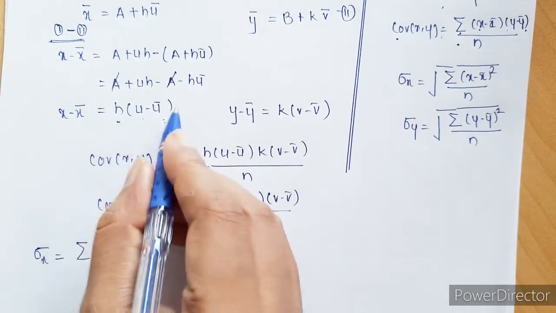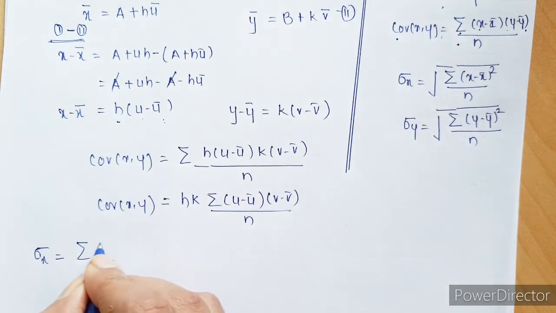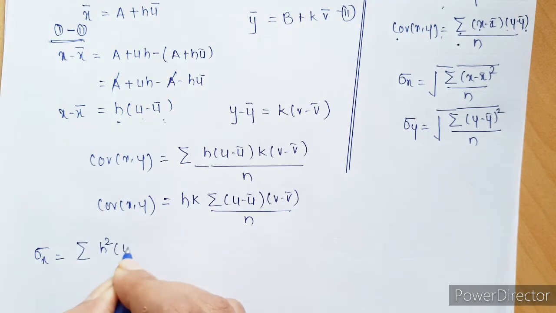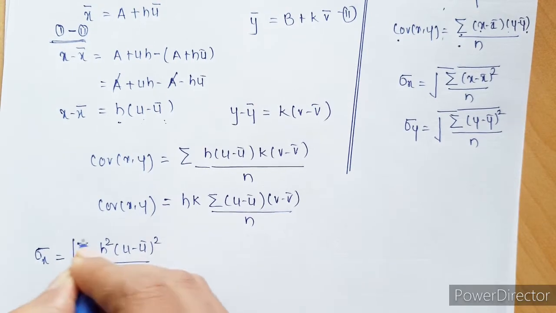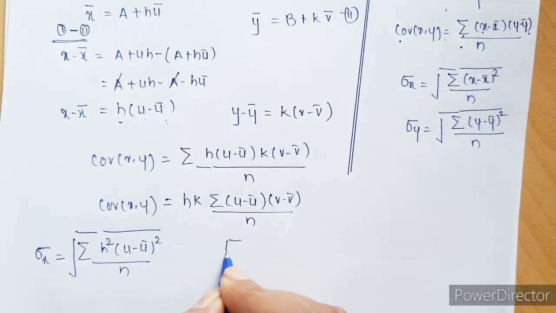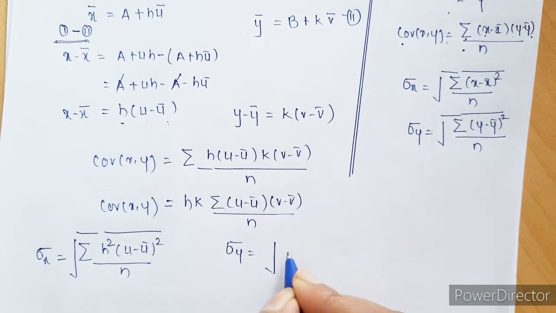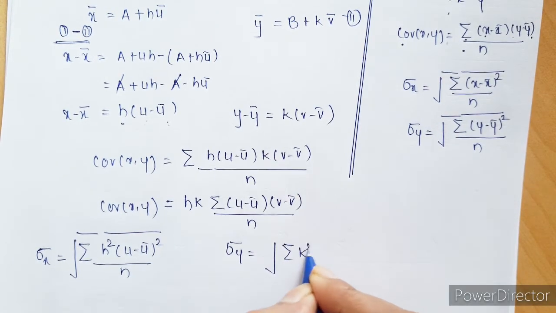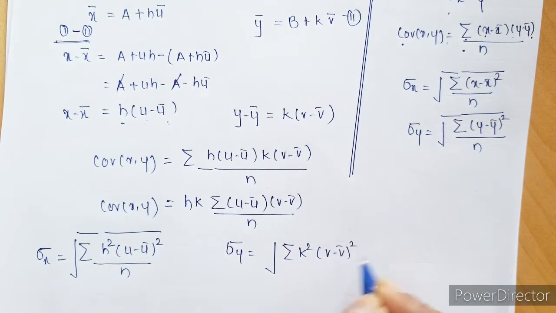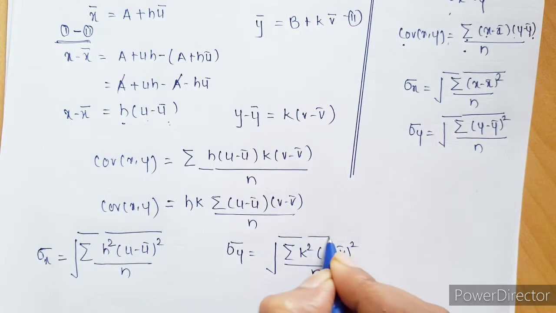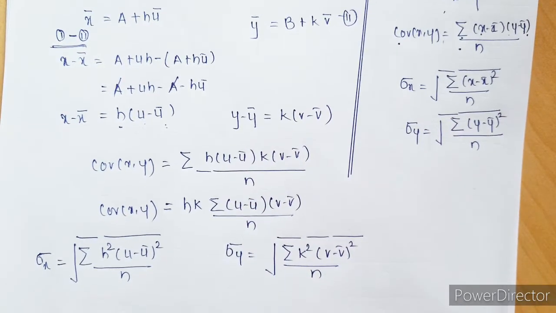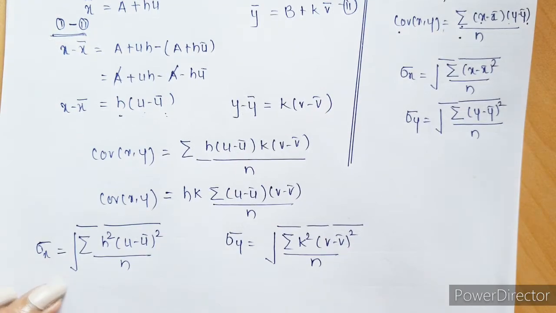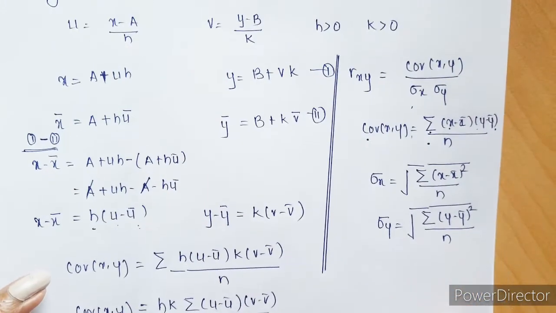I am replacing this, so it will be the square root of the summation of h square (u minus u bar) whole square upon n. Similarly, for y it is the square root of the summation of k square (v minus v bar) whole square upon the total number of observations.